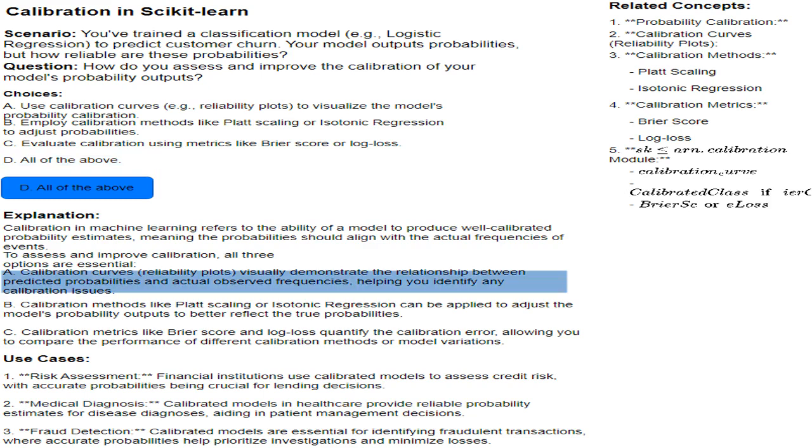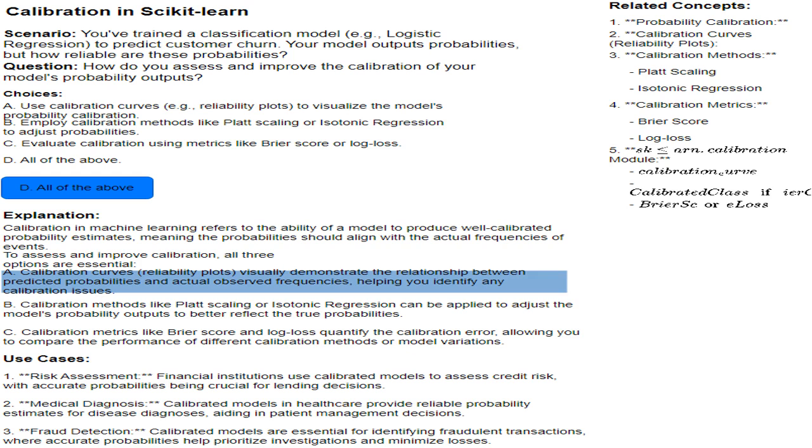A. Calibration curves, reliability plots, visually demonstrate the relationship between predicted probabilities and actual observed frequencies, helping you identify any calibration issues. True. Calibration curves, also known as reliability plots, provide a visual representation of how well a model's predicted probabilities align with the true probabilities.